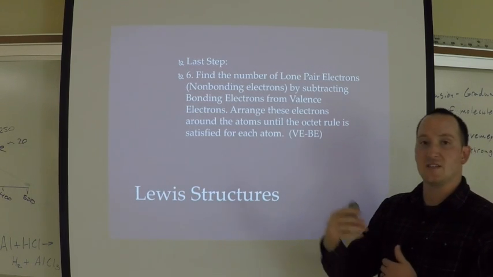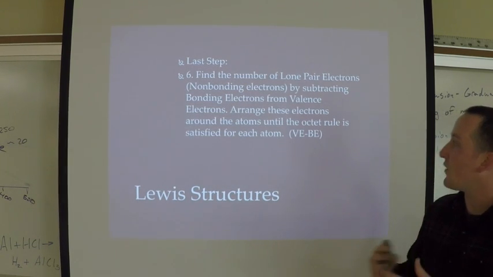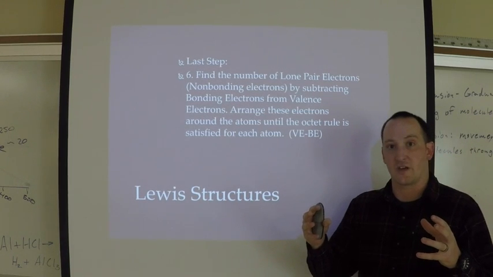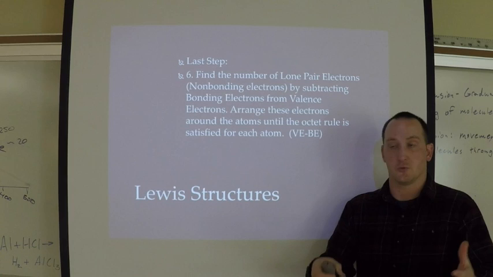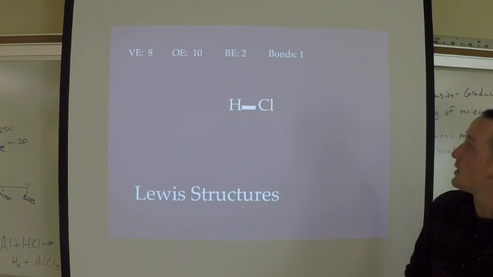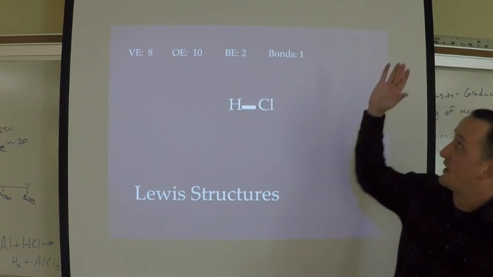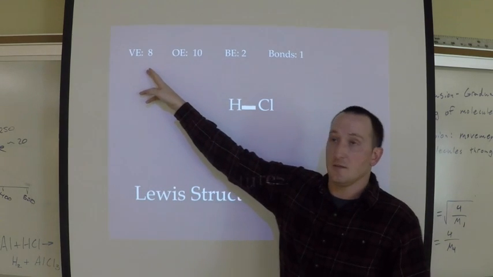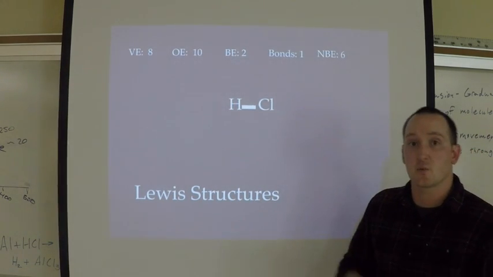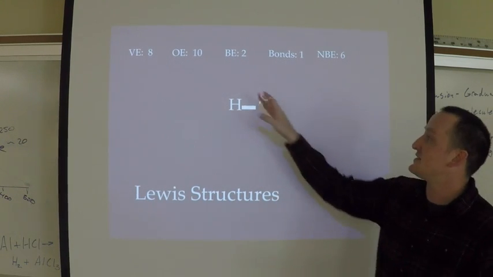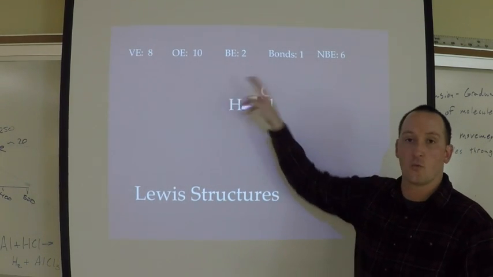Then we're going to arrange these electrons around the atoms until our octet rule is satisfied. Remember, we said that every atom wants 8, except for hydrogen, it only wants 2. So here we go. We need to take our VE, which is 8, minus our BE, which is 2. So 8 minus 2 gives me 6. What that means is I need to add 6 dots around one of my atoms.